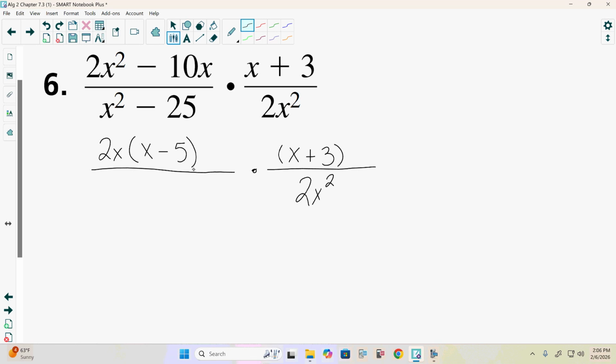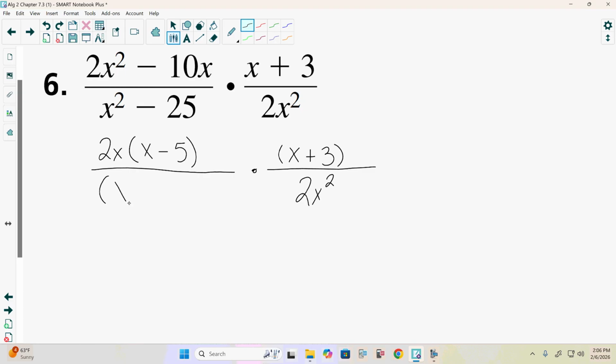Now we need to factor the denominator, x squared minus 25. We have only two terms being subtracted, yes? Hopefully it's a difference of perfect squares, and we know it is. If they're being subtracted, they are. And x squared is a term times itself, and 25 would be 5 and 5.